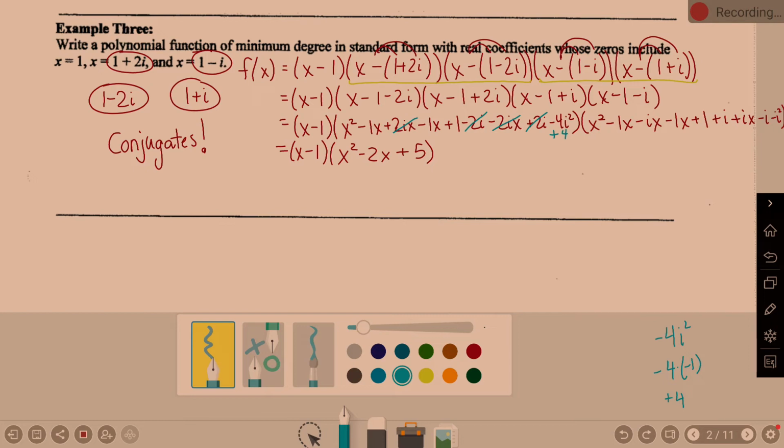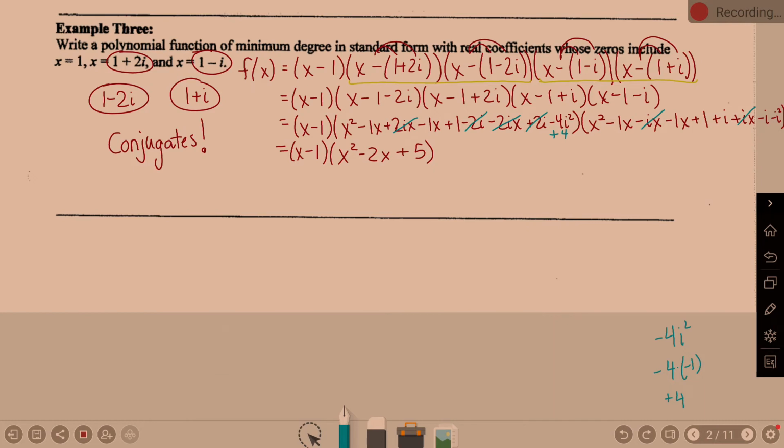Let's see. Minus ix cancels with plus ix. Plus i cancels with minus i. And I have a minus i squared going off the edge of my screen here. Minus i squared is going to be minus negative 1, so plus 1.